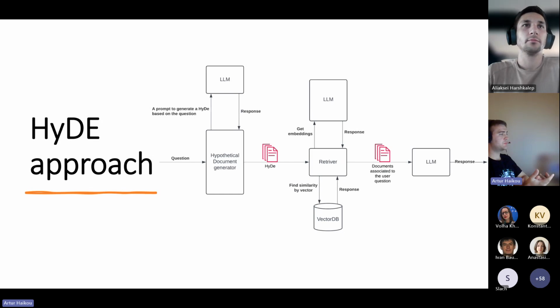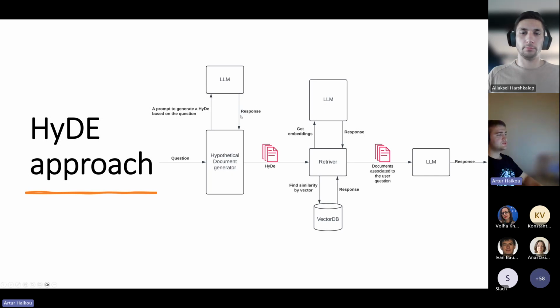Yeah. The next approach related to improving the quality of data is the hypothetical document approach. And here, instead of generating similar questions from the user's original question, we are going to generate a hypothetical document. Again, we can create a prompt to the LLM to generate a hypothetical document based on the question that will contain, for instance, 3 paragraphs.